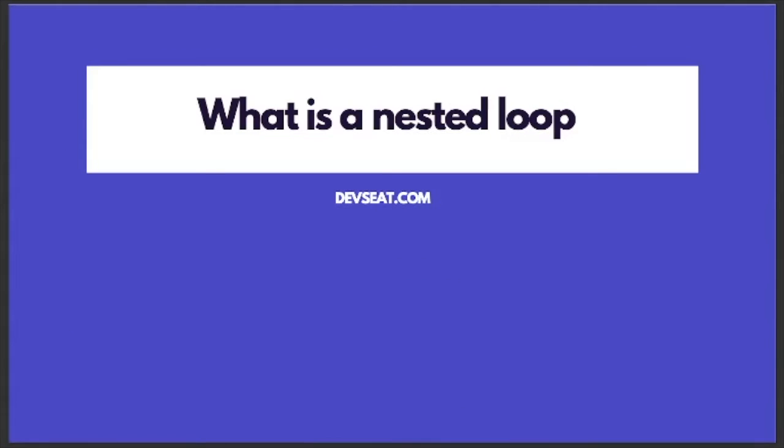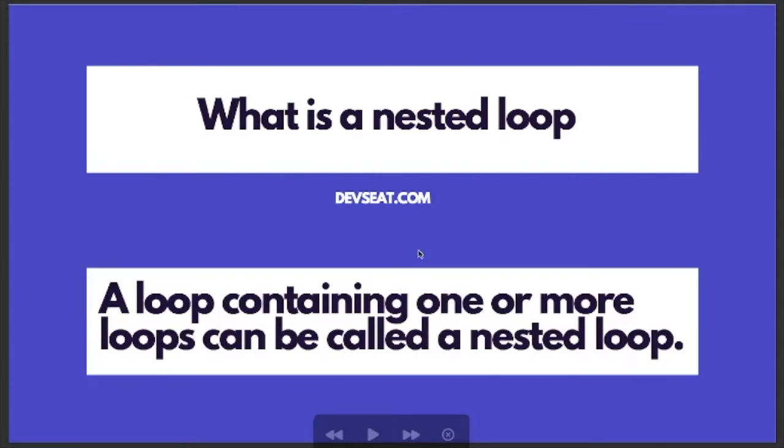What is a nested loop? A loop containing one or more loops can be called a nested loop. A nested loop can be a for loop or a while loop. Anything can be a nested loop.